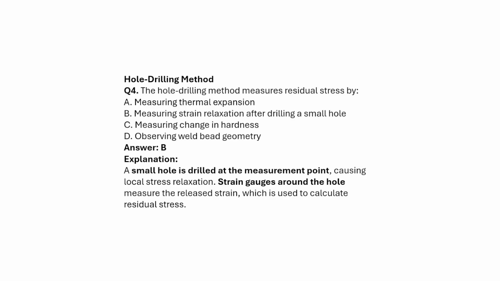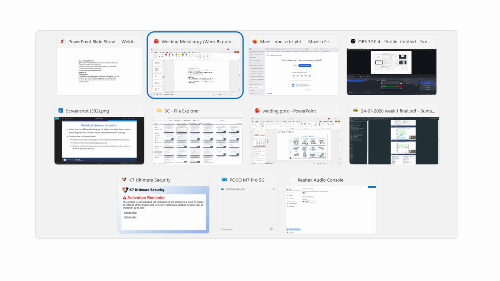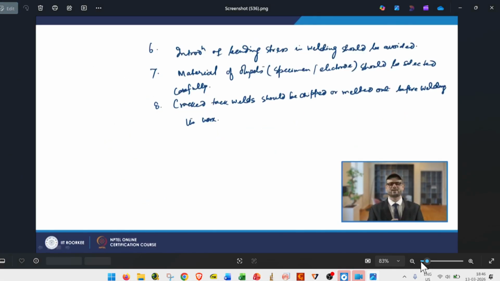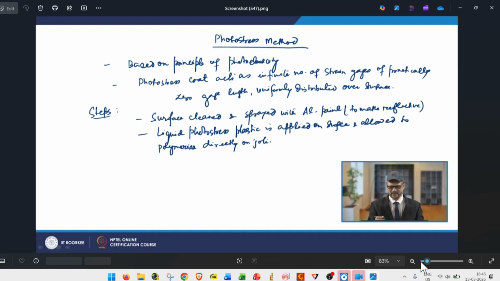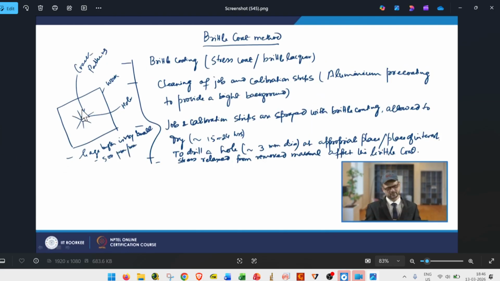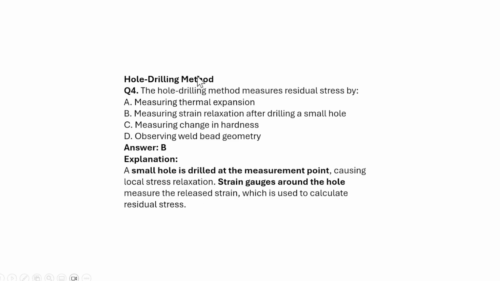So, the hole drilling method, as we have seen here: once we drill the hole, we see the strain relaxation after drilling the hole. A small hole is drilled at the measured point, causing local stress relaxation. The strain gauge around the hole measures the released strain, which is used to calculate the residual stresses.